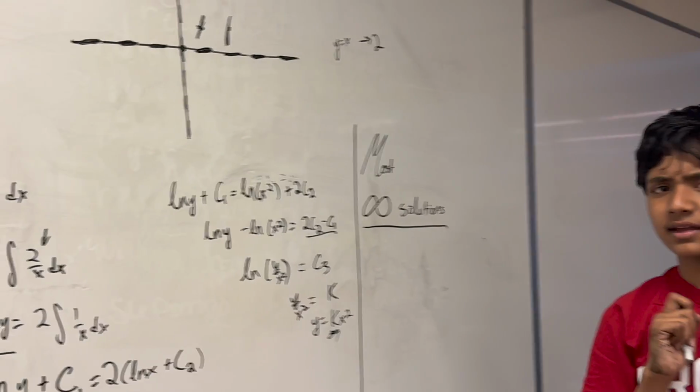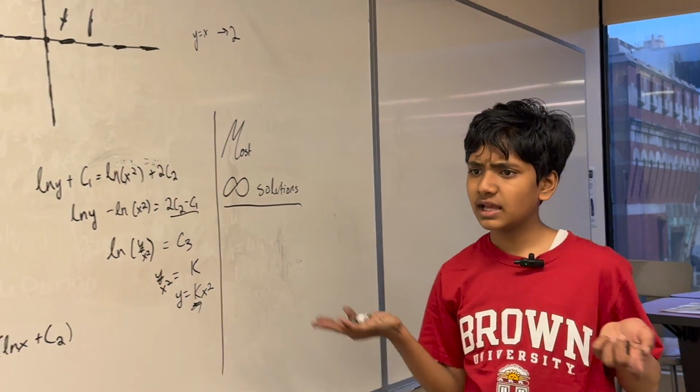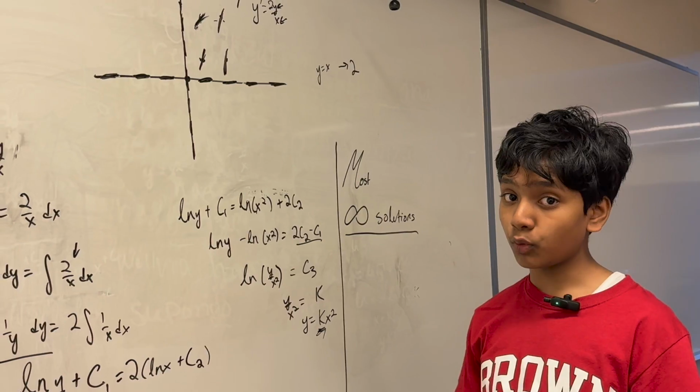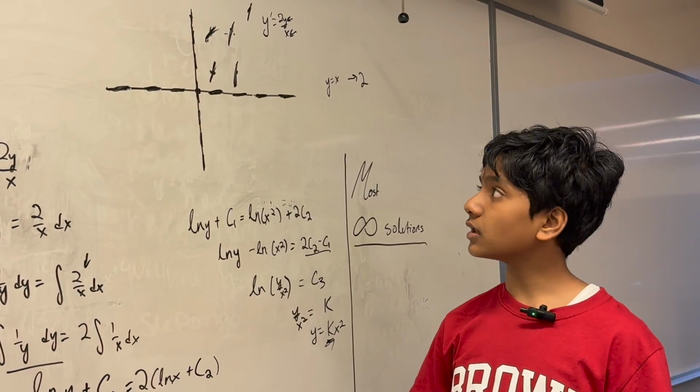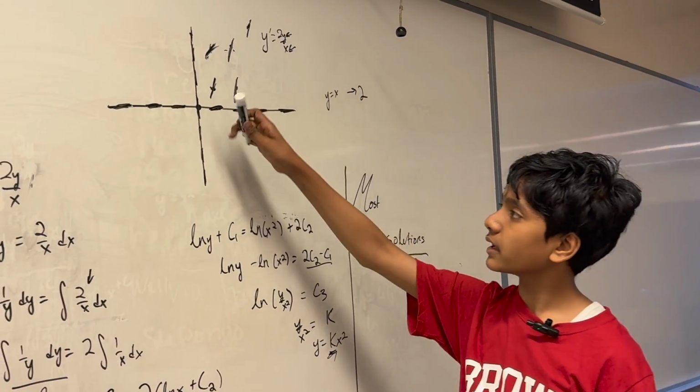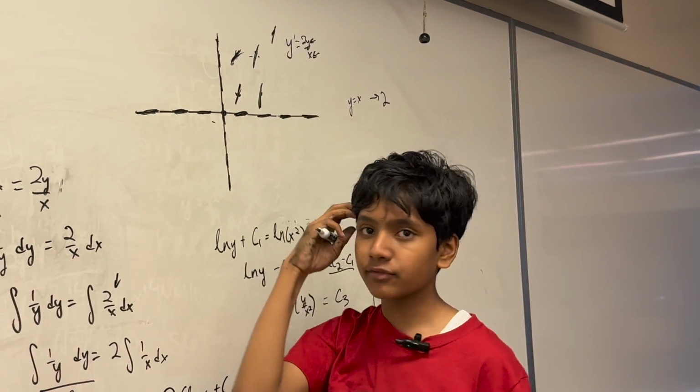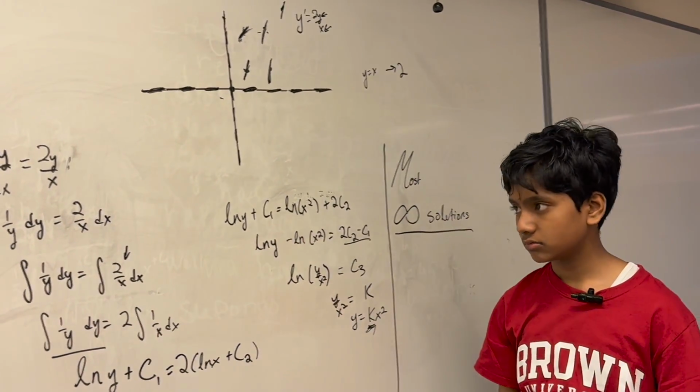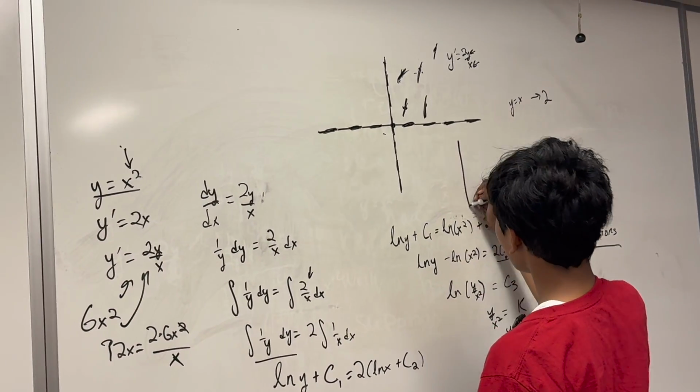And you might be thinking, but how does this make sense if there's a slope at every point in the coordinate plane? It's not like all the graphs go through every single point, right? And you'd be correct.